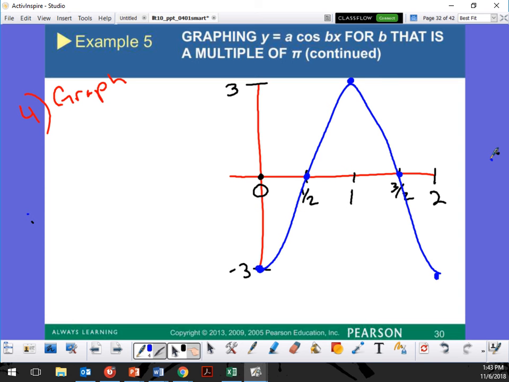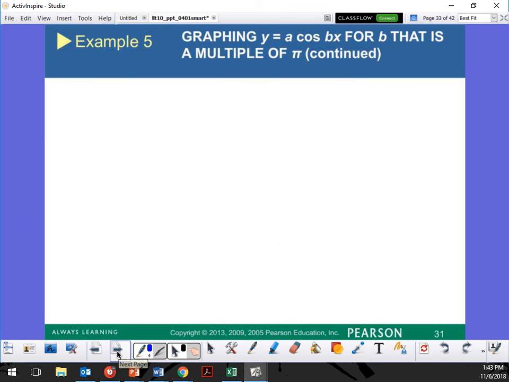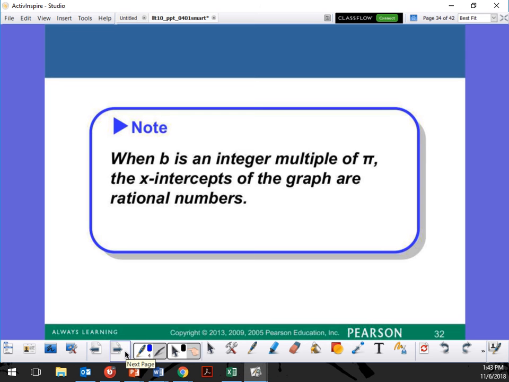But it's always going to be negative something, 0, then that as a positive, then 0. Yeah, it's a wave. It goes bottom to top, or from top down, depending on if it's sine or cosine.